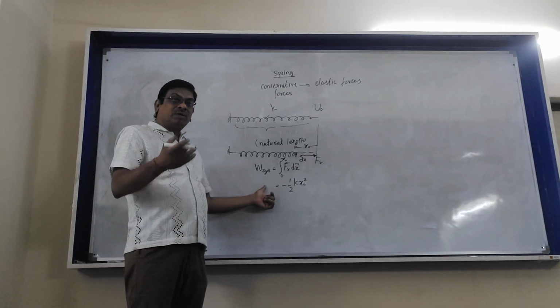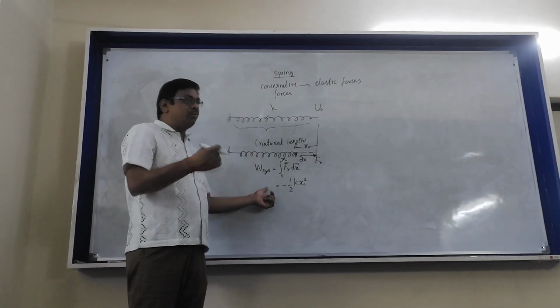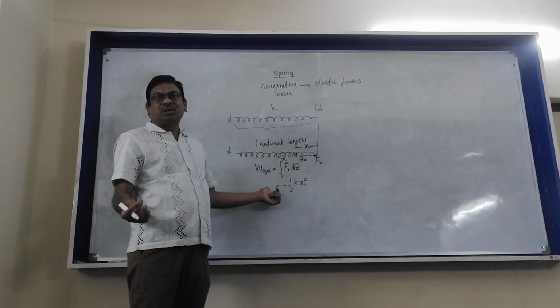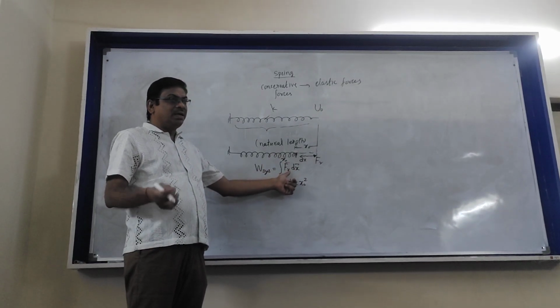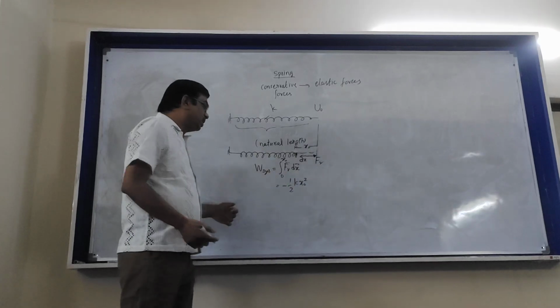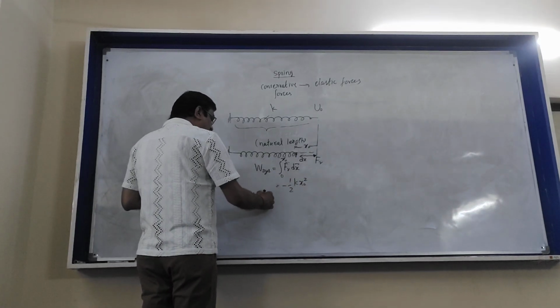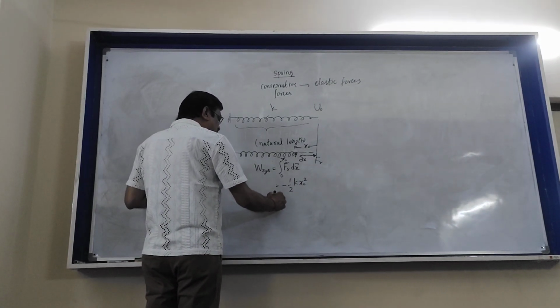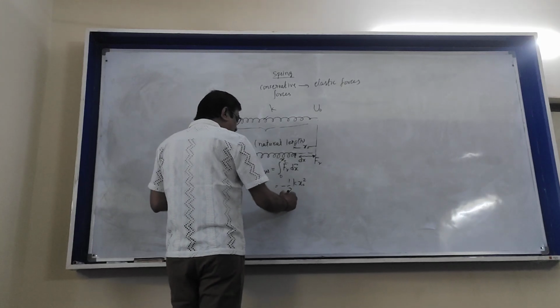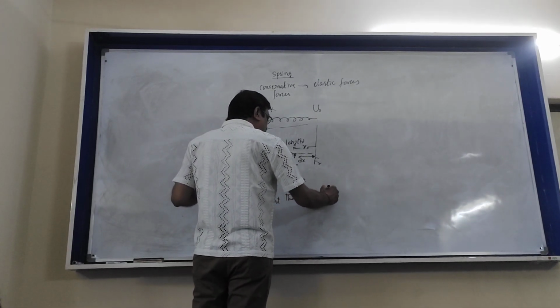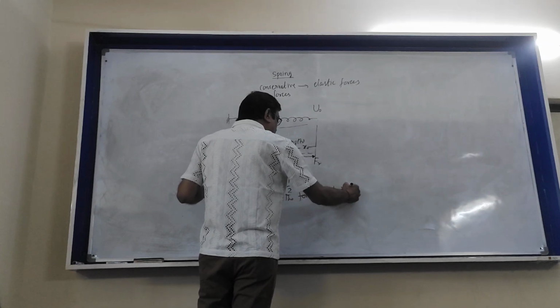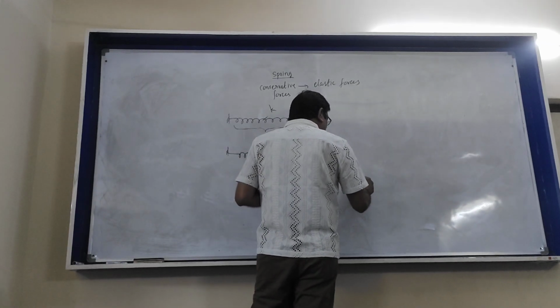But if you calculate work done against the system forces, you have to put a minus sign. Yesterday it was taught: this is the formula for work done, integral f dx. It is variable. But if you have to calculate work done against the forces due to the system, then you have to put another minus sign, so that will make it plus.